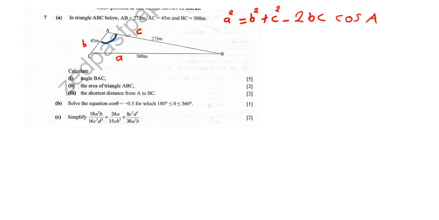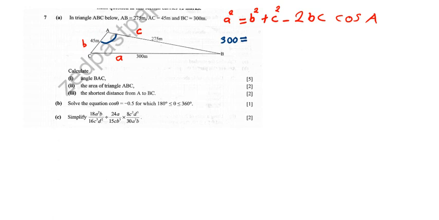So we start substituting. So a squared, where there is a in our formula, we substitute 300. So it will be 300 squared is equal to b. What there is b, which is our 75, so for b we substitute 75.